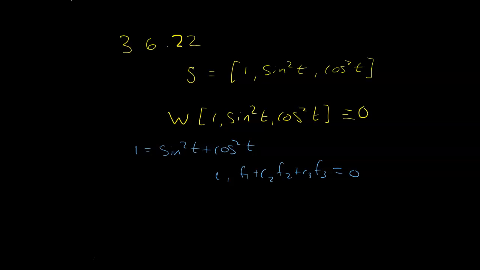In this case, f1 is 1, and if c1 is -1, c2 is 1, and c3 is 1, I will in fact get 0. That's a fancy way of writing out this equation here. So because of that, this example is linearly dependent.